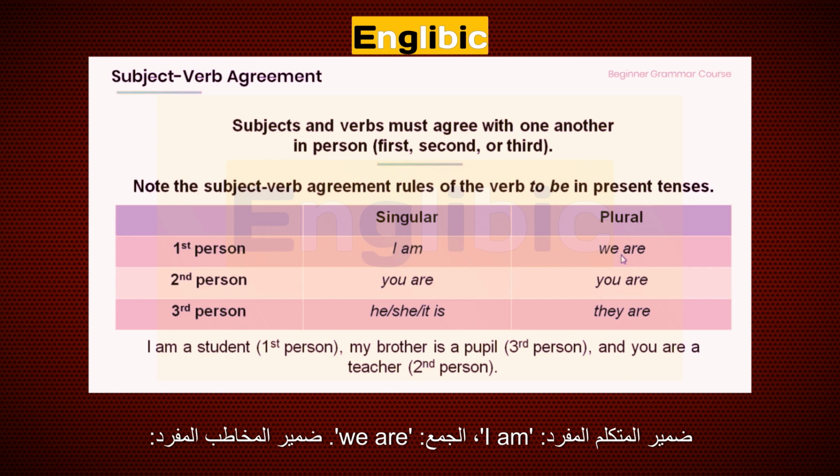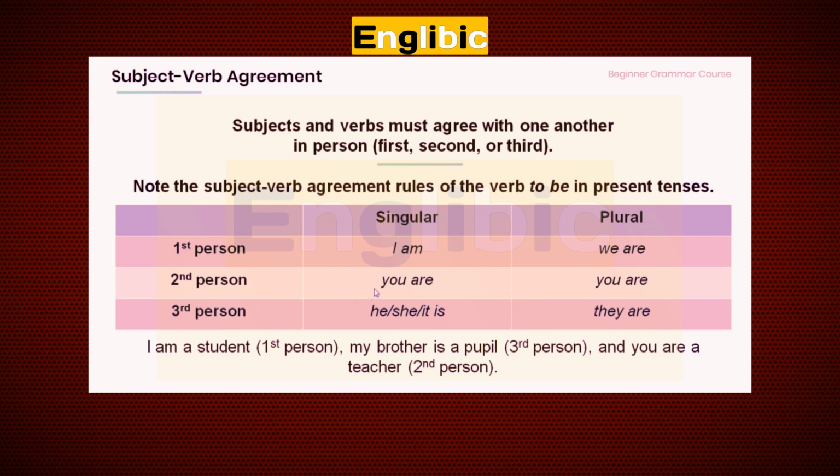Plural, we are. Second person, singular, you are. Plural, you are. Third person, singular, he, she, it is. Plural, they are.